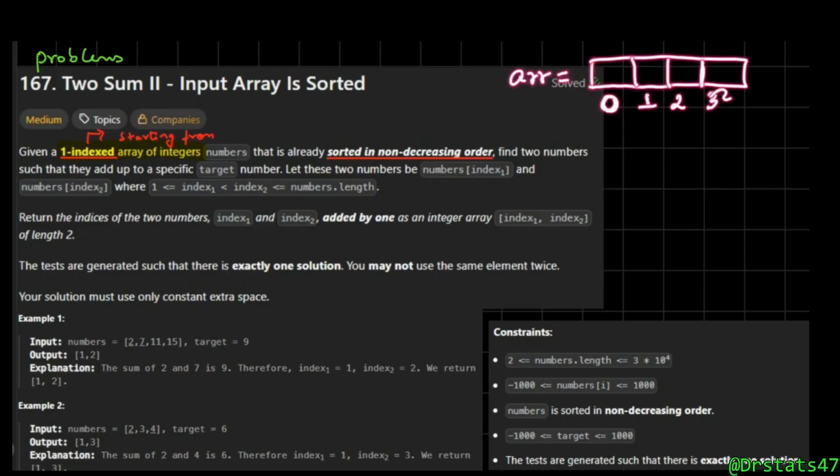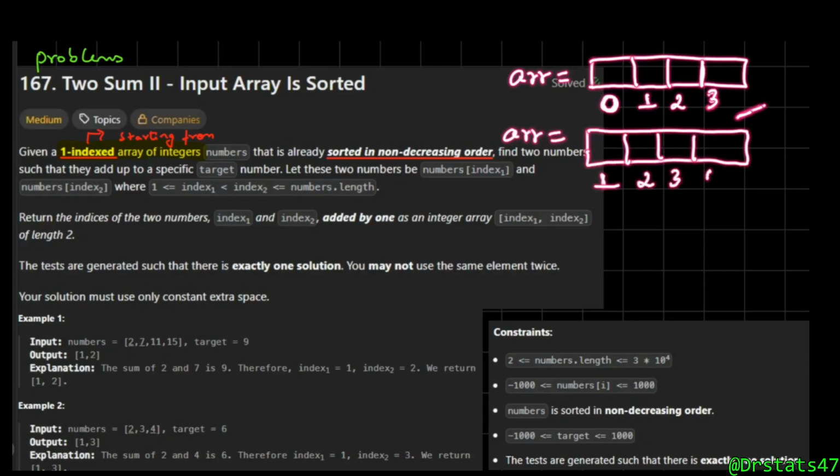But in the question they have given a one-indexed array, so the array starts with the first index, that is, not with 0 but with 1.